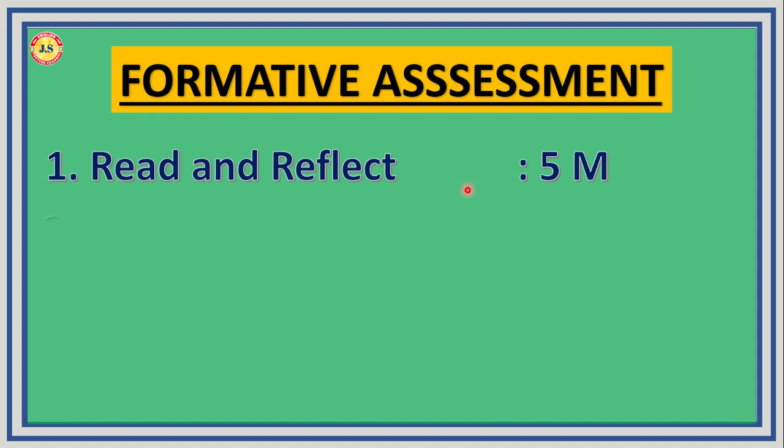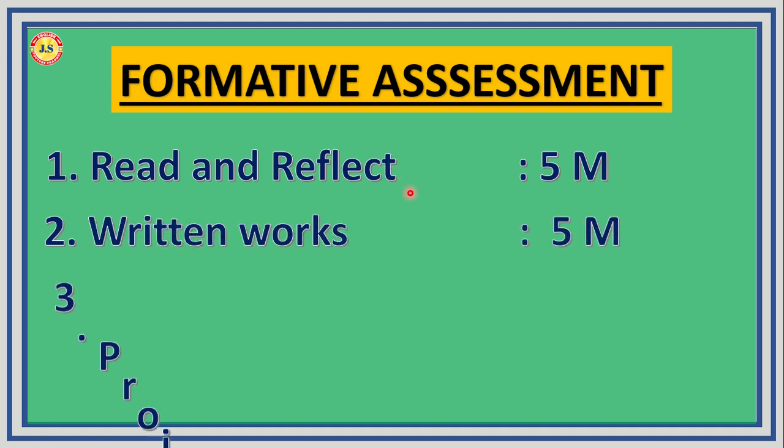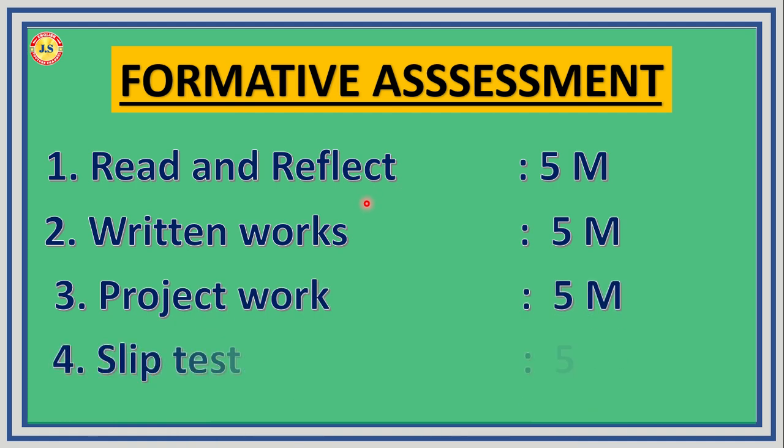Formative assessment is usually done based on four parameters which cover all the language competencies. The very first one is read and reflect, which carries 5 marks. Written work, which consists of classwork and homework, also carries 5 marks. The third one, project work, also carries 5 marks.